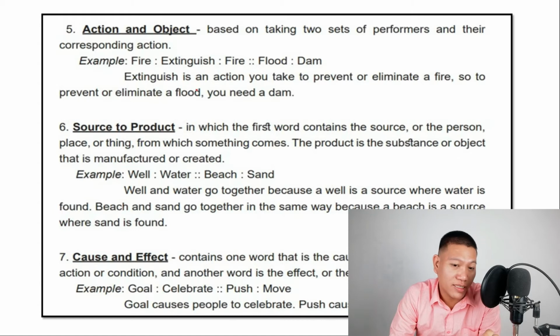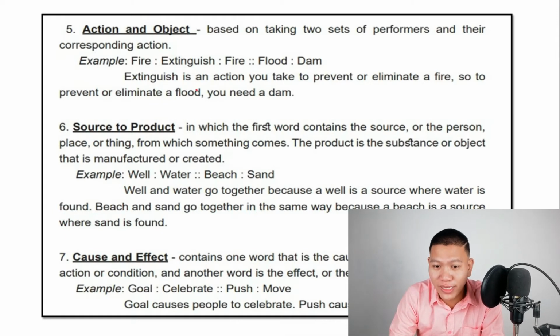Okay, action. It's not fire, so it's a typo. The one who made the module maybe overlooked this one. It's okay, just don't mind it. So extinguish is to fire, flood is to dam. Okay, so action. We have two actions, extinguishing and flooding. You get it? So those are the two actions.